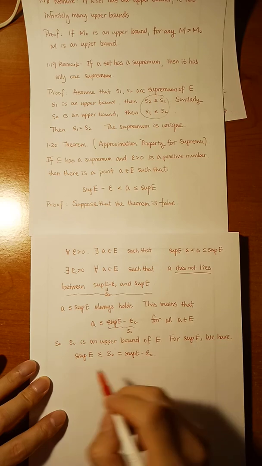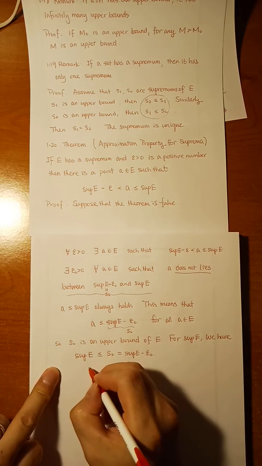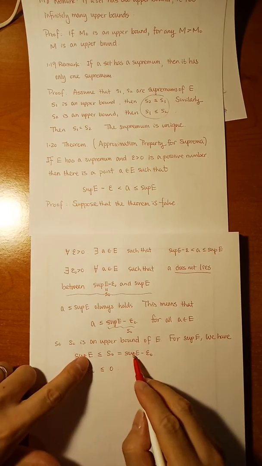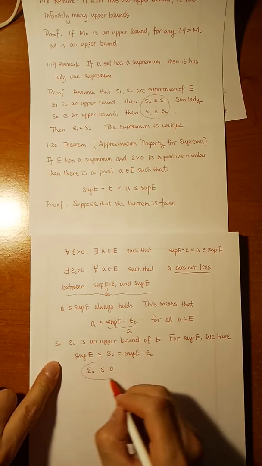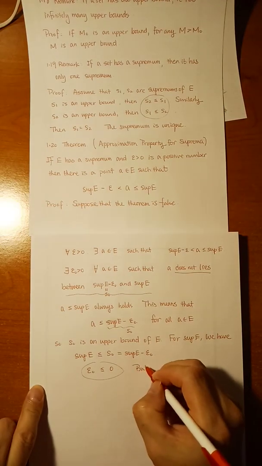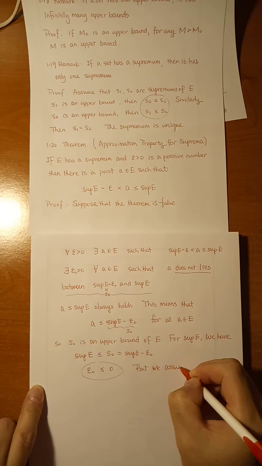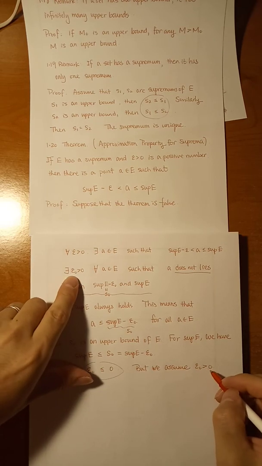From here, if we cancel the supremum of E and move epsilon to the other side, we get epsilon is less than or equal to 0, right? But we assume epsilon sub 0 is greater than 0.